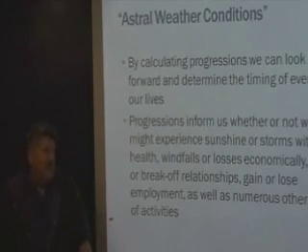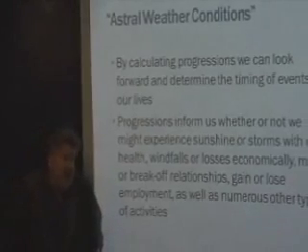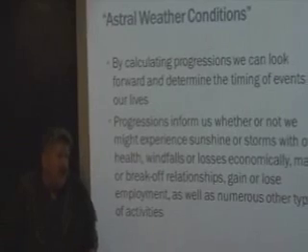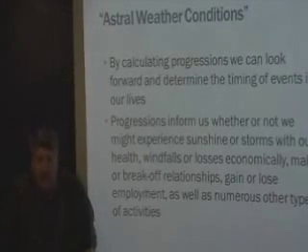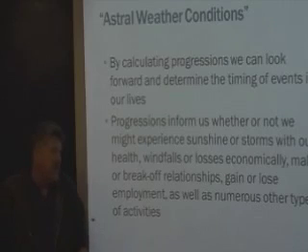So, some examples are progressions tell us whether we're going to have, in certain periods of our life, sunshine or storms with our health, whether we might have windfalls or losses economically, times in our life where we might either make relationships or break off relationships.